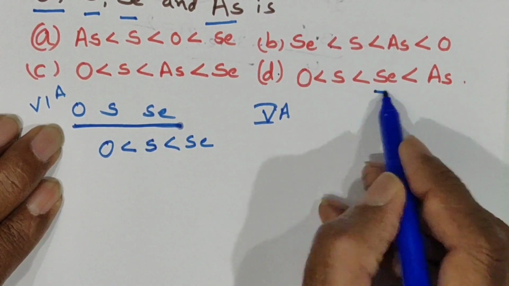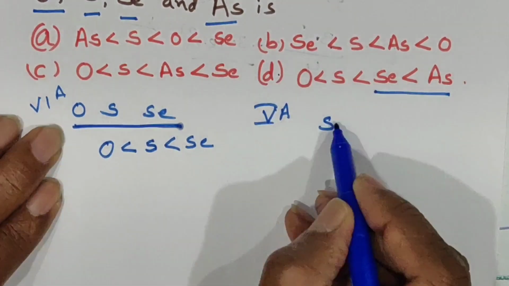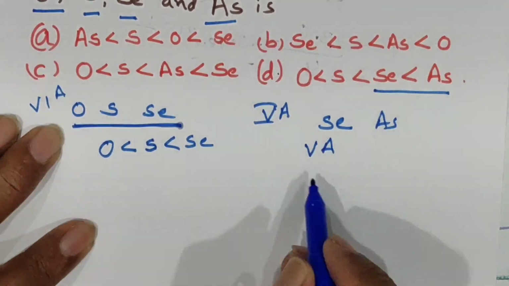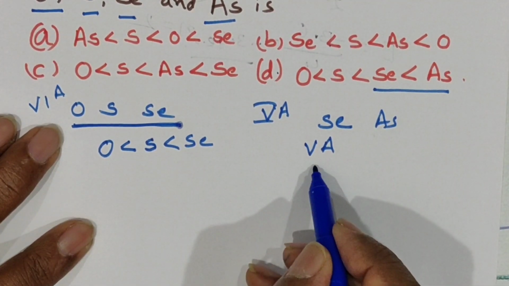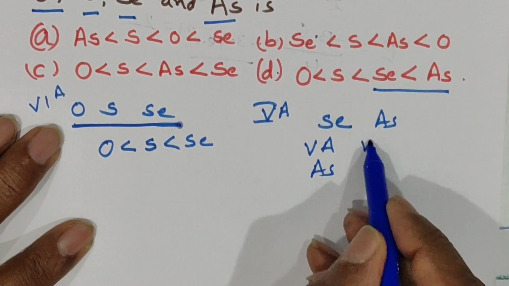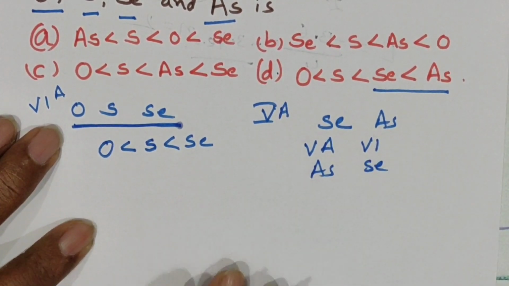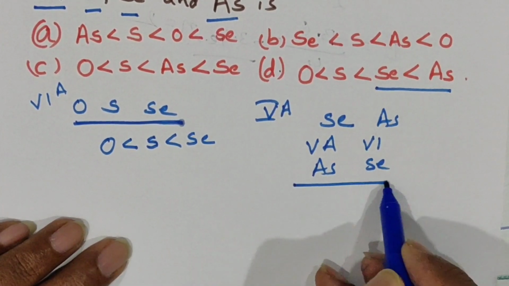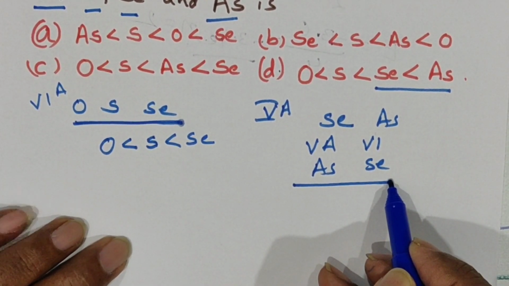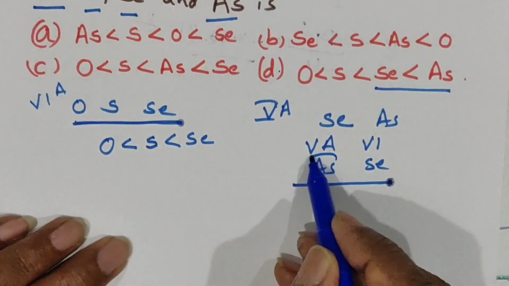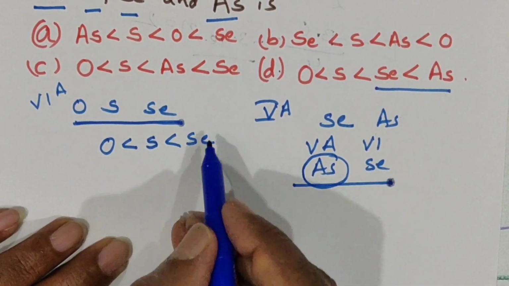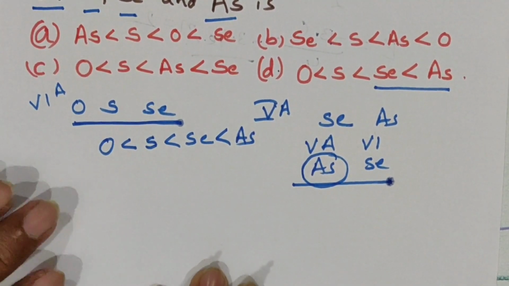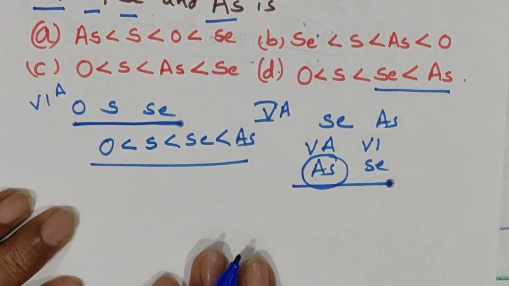Now in between selenium and arsenic, first 5th A group, arsenic, 6th A group, selenium. Right? Then in a period from left to right, size decreases. That means arsenic is bigger than selenium. Right? This is arsenic.